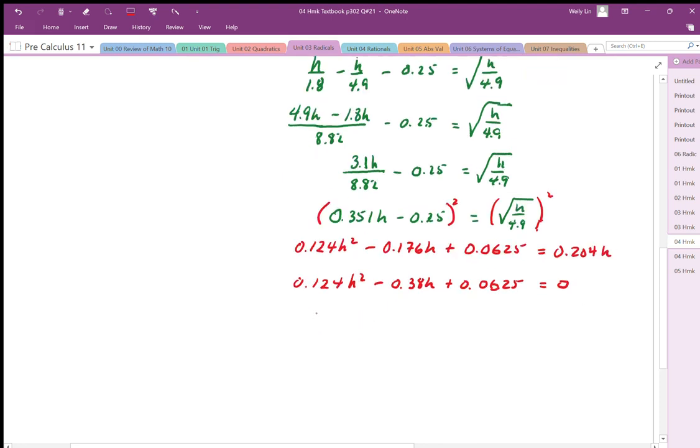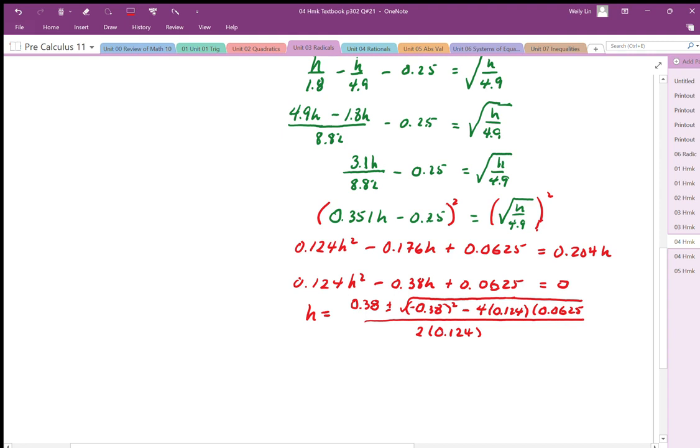Solving for h, I'm going to put it in my quadratic formula, so negative b, negative of negative 0.38, plus or minus the square root of negative 0.38 squared minus 4 times a times c, and that's all over 2a, so 2 times 0.124.